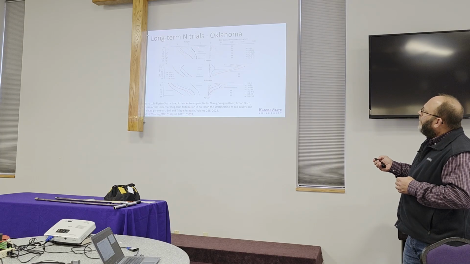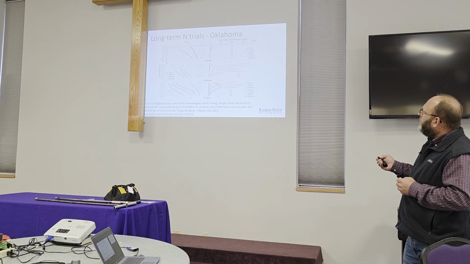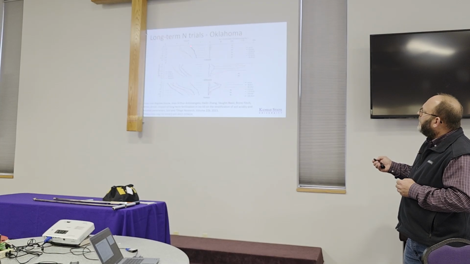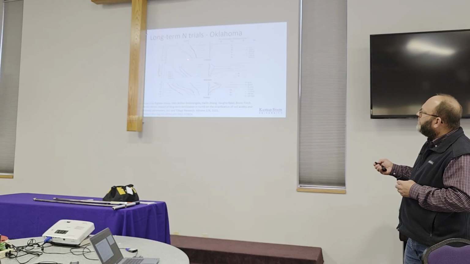And so we can see stratification occurring across all of the N rates. This dark blue here is 0N, and at the Lahoma site pairing with that is 0-20-56. So no nitrogen, some P and K. And then as we add more nitrogen, we decrease that pH, and that stratification becomes more pronounced.